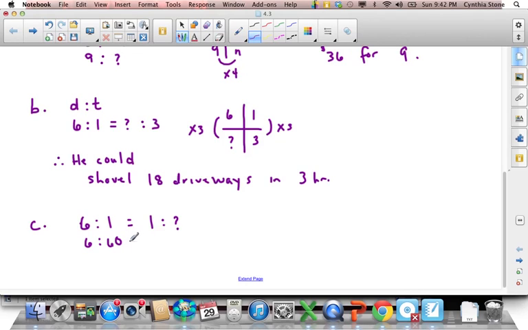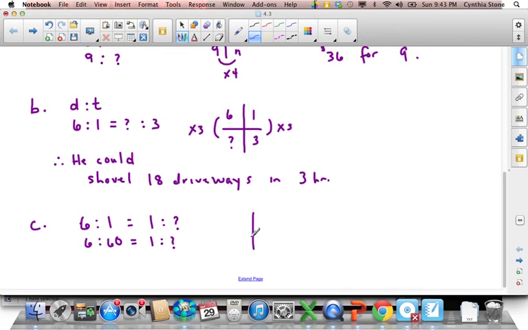It's just I'm going to get an answer in minutes this time. Equals 1 driveway, and I don't know how many. Okay, so I'm changing my ratio just because I'm changing my units here. But again, the purpose is just to end up with an answer in minutes. It makes more sense to get an answer like 12 minutes or something instead of 0.27 hours. Just so we can think in terms of minutes instead of hours when it's less than an hour.